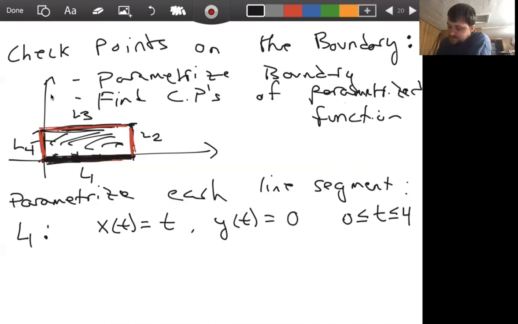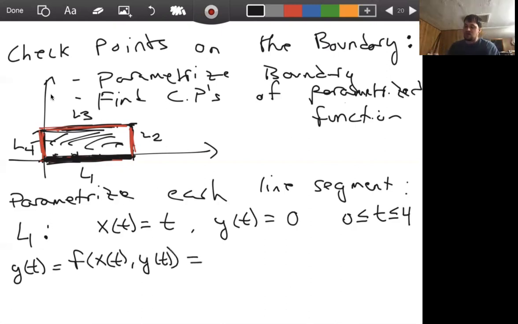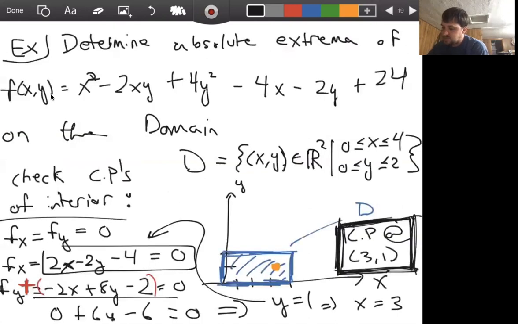Now, for L1, we need to find g of t, which is defined by plugging the parameterization into our function. Once we've parameterized this piece of the boundary, we express the function along this boundary via the parameterization. The function is this long polynomial here.